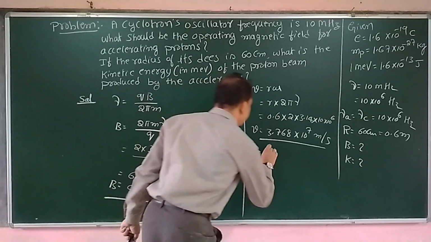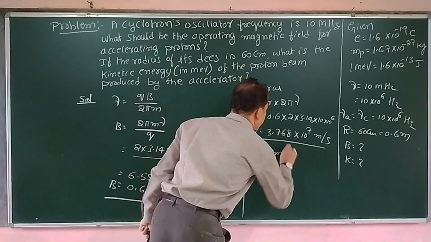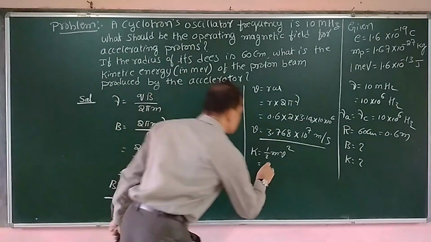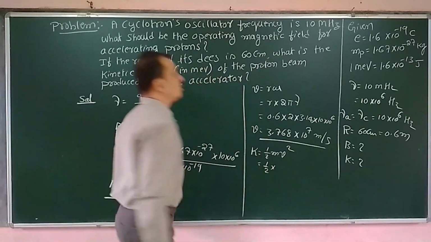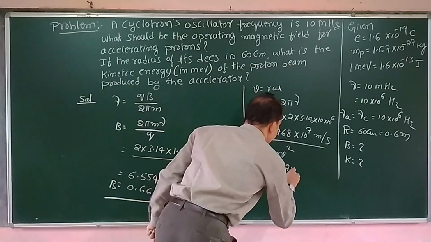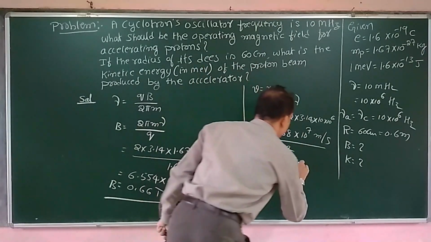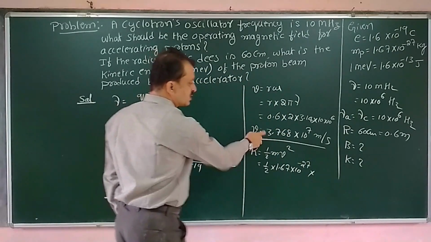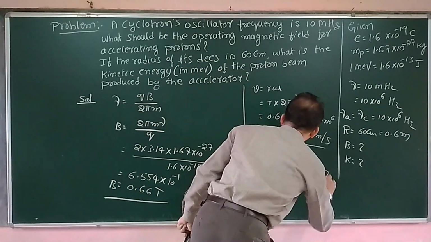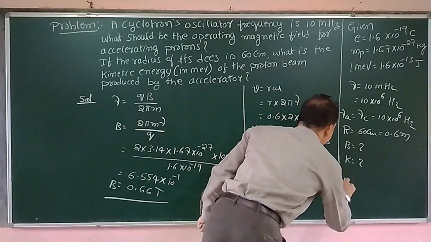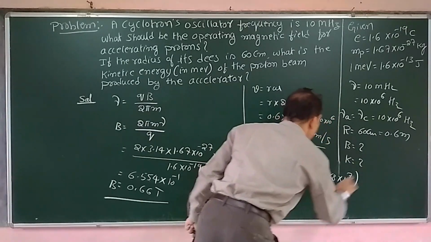Simple formula: kinetic energy is equal to half m v square, where m is the mass of the proton. Proton mass is given, that is half into proton mass 1.67 into 10 to the power of minus 27 multiplied by the velocity we just calculated, 3.768 into 10 to the power of 7, whole square.